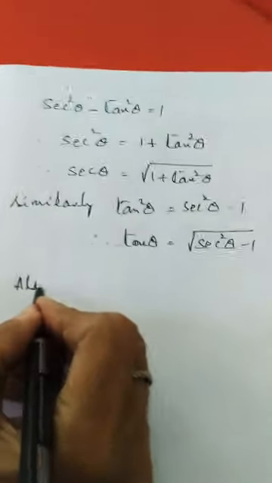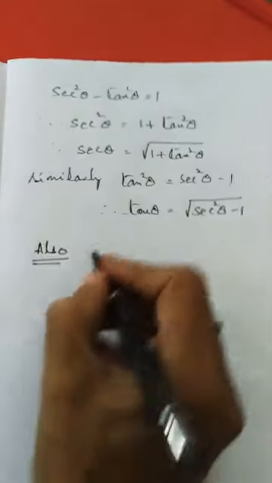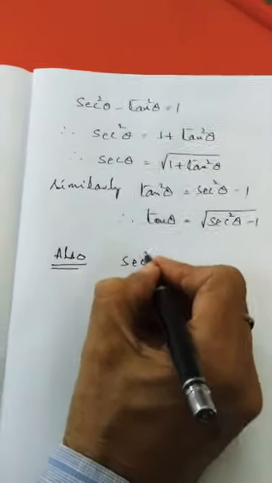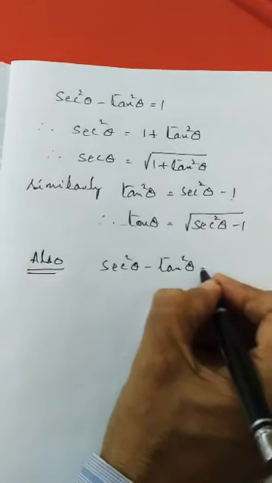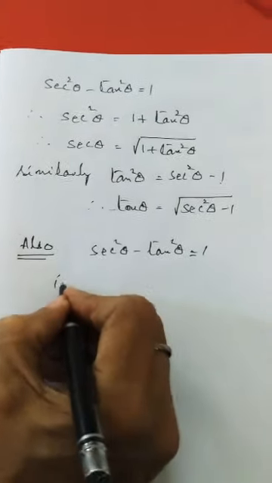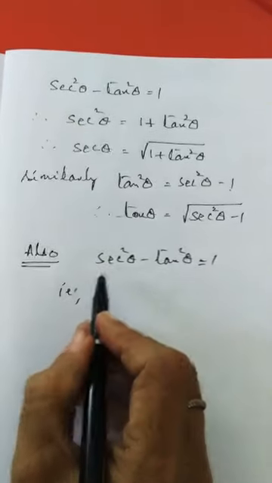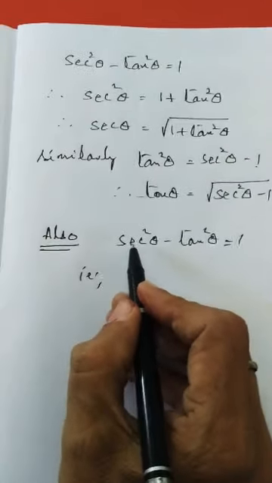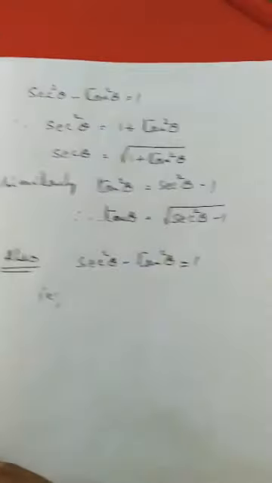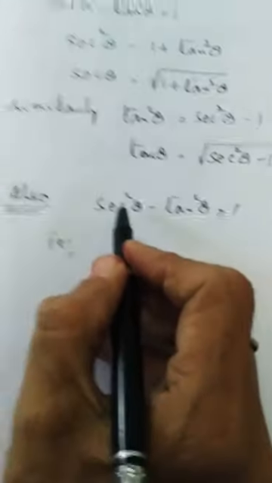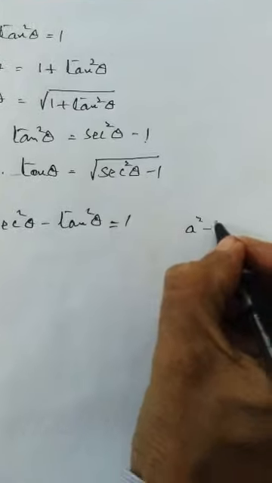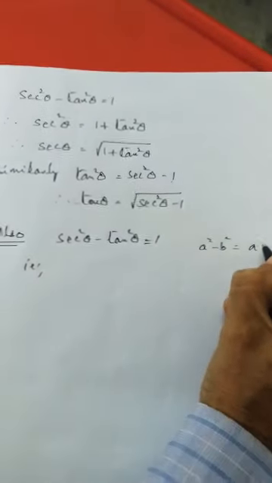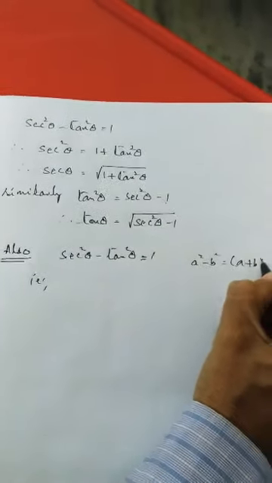Also from this identity we can learn secant square theta minus tan square theta is equal to 1. If you observe carefully, this is in the form of a square minus b square. So we know that a square minus b square is equal to a plus b into a minus b.